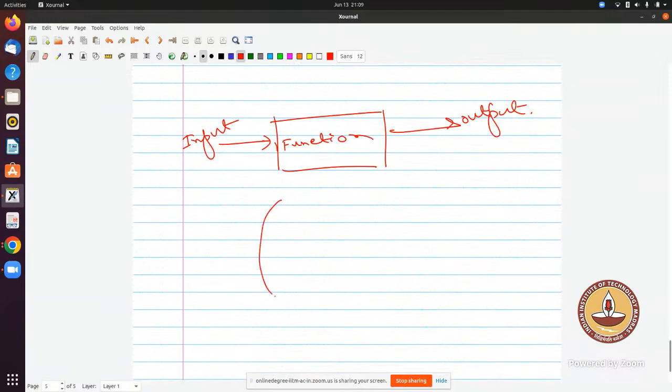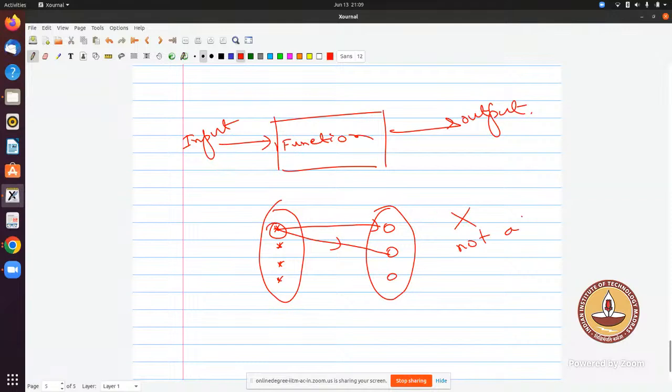Suppose we have two sets like this. There are some elements. This cannot happen. If I take this as input, I cannot get two outputs. If this happens, then this is not a function.